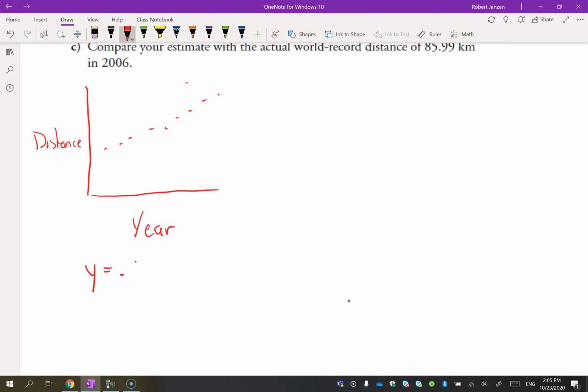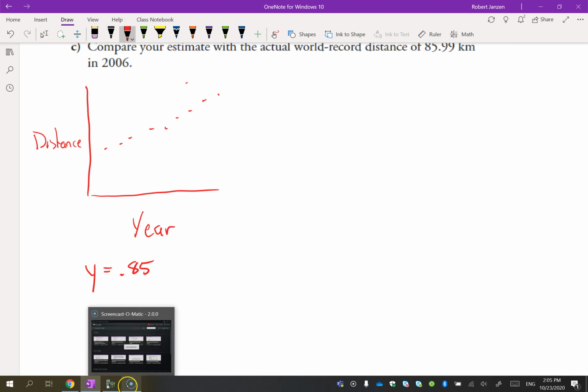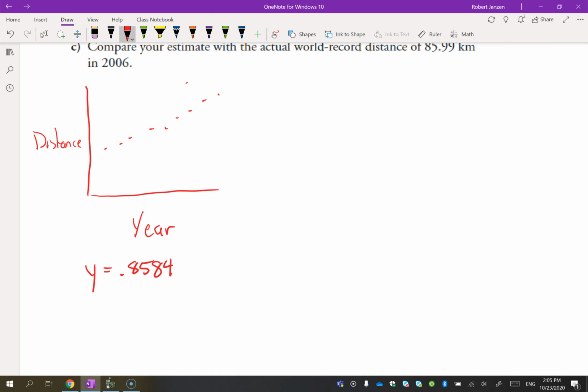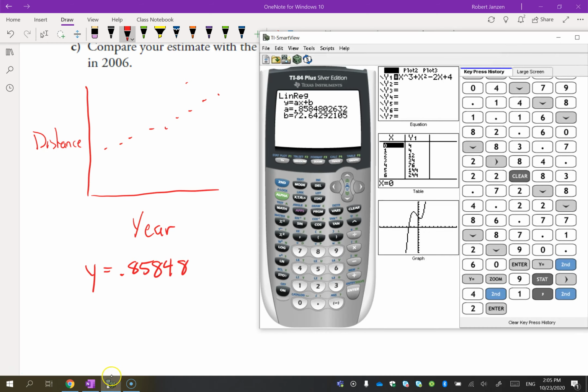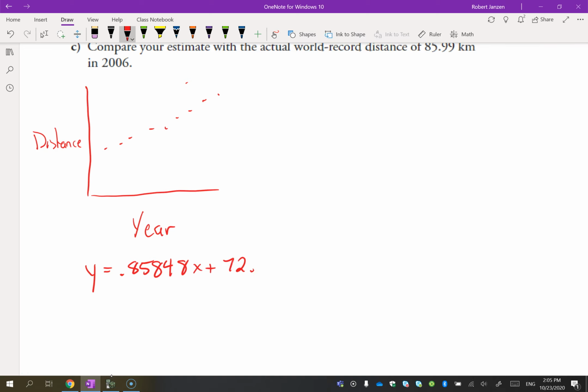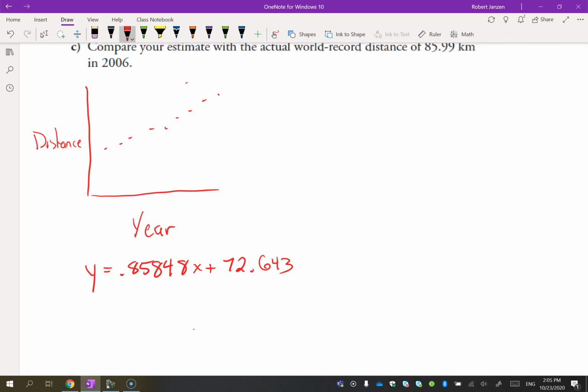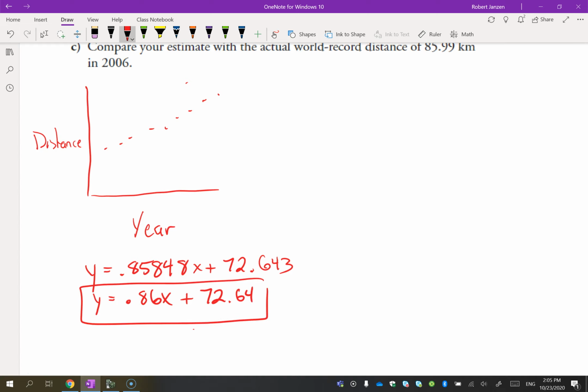Y equals 0.85848x plus 72.643. I think we could probably do a little rounding off there, so I'm going to write 0.86x plus 72.64. This is our regression equation.